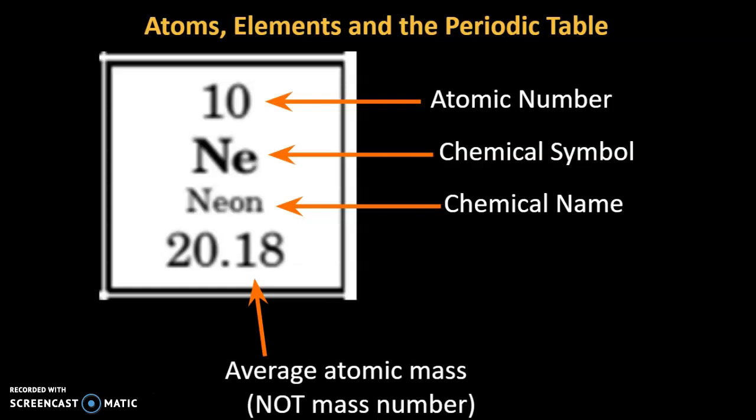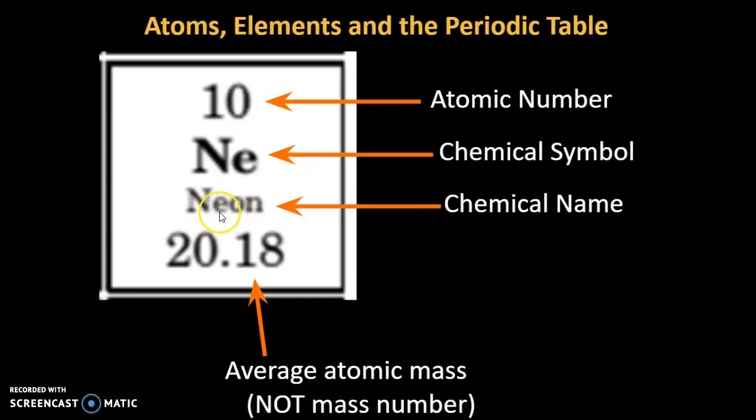The average atomic mass refers to the average of all the existing neon atoms there are on the planet. So this is not going to be the same thing as mass number. Mass number is not going to show up in the periodic table, but the average atomic mass will. So key things here, each chemical name relates to one number.